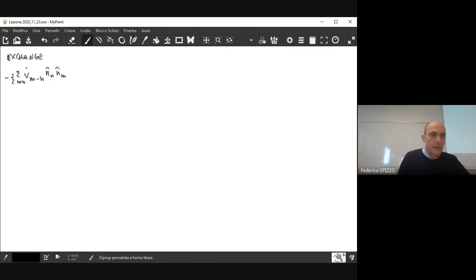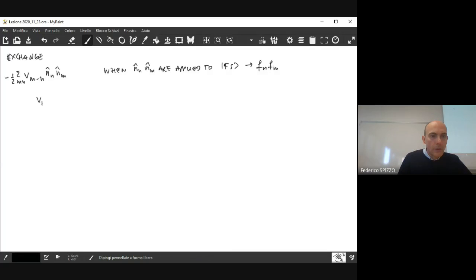If we do exactly the same, we apply exactly the same procedure: when the two operators are applied to the Fermi sphere, we have the values of the Fermi-Dirac distribution corresponding to level n and level m.